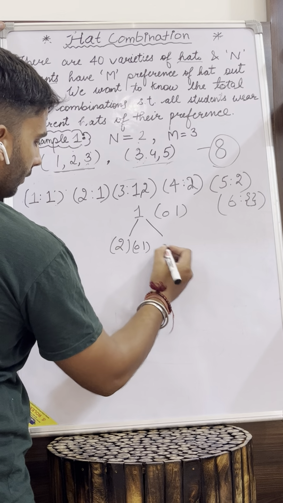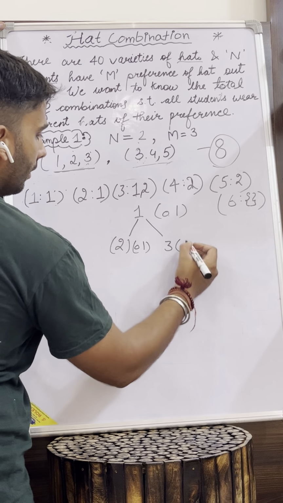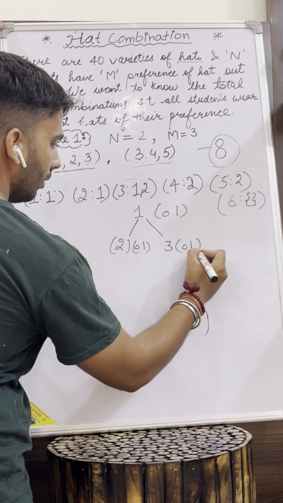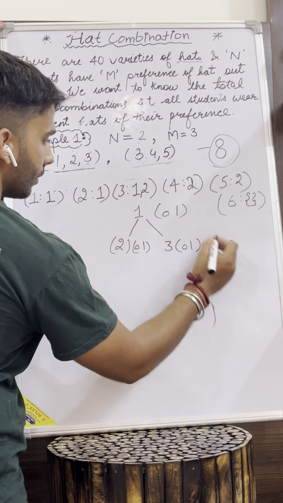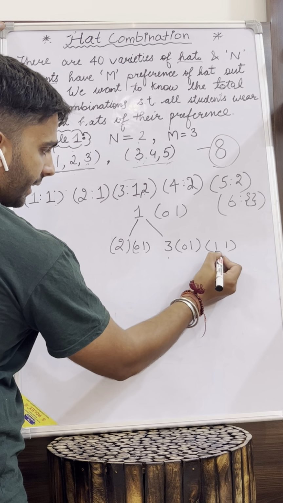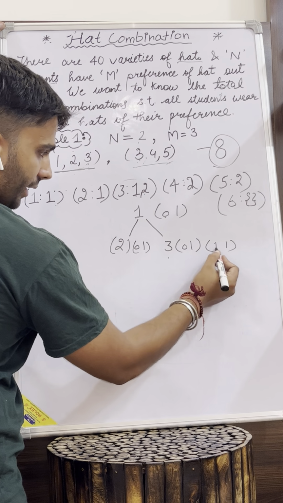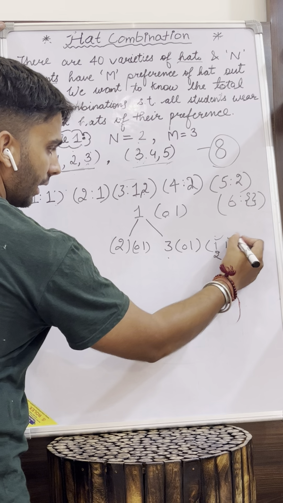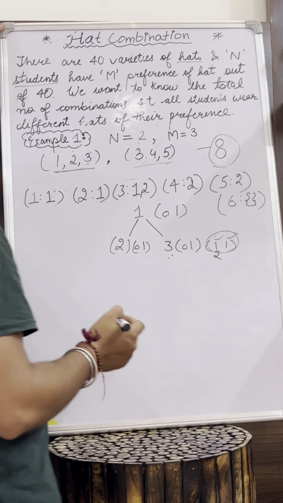When we reach the third hat, it says I can become 0 1 or I can become 1 1. Why 1 1? Because 2 is there in the list of this, right? So it will make this 0 into 1 at the second position. Whenever both become 1, we say this is our answer, right?